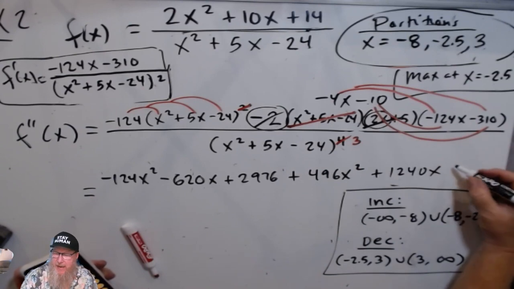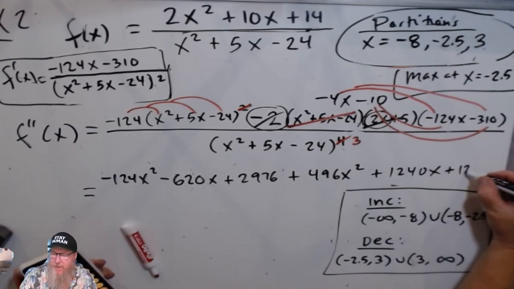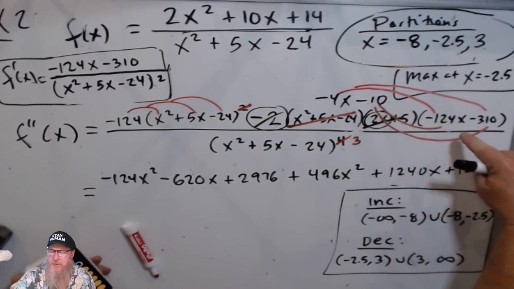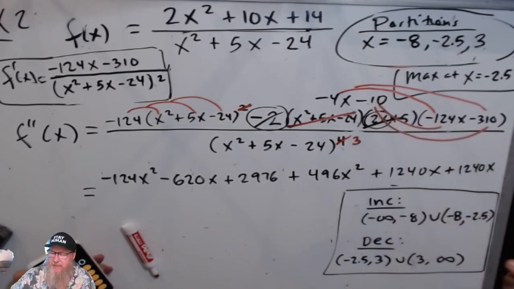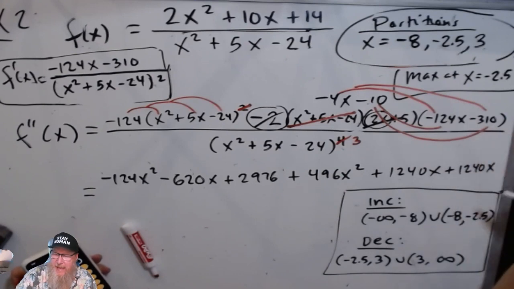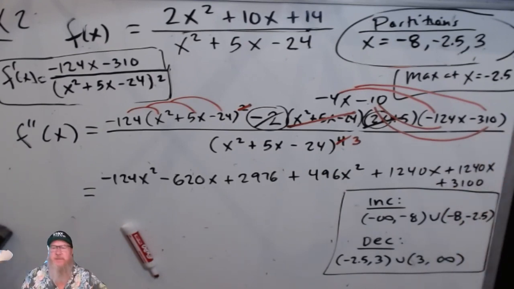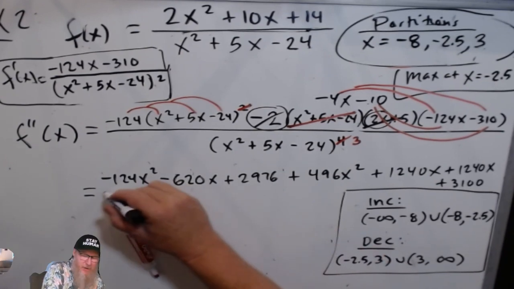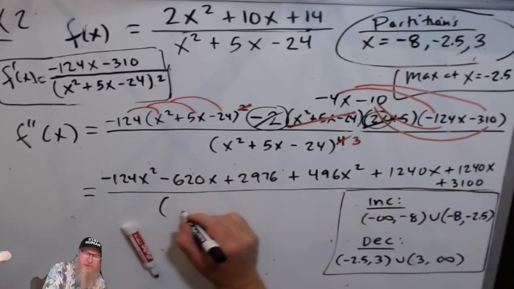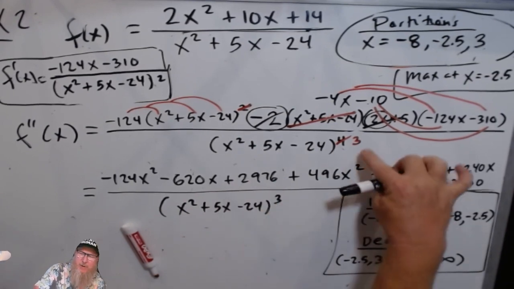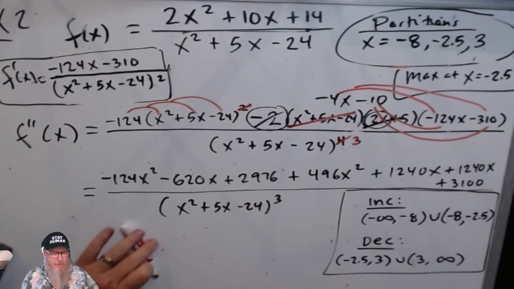This one I can do in my head because it's a multiple of 10. That's going to be 1,240x. 10 times 124. Negative times negative. Let me squeeze in the last term here. Positive 3,100. And all of this is over x squared plus 5x minus 24. It's now cubed because I've reduced it.